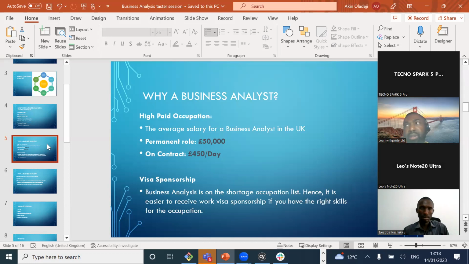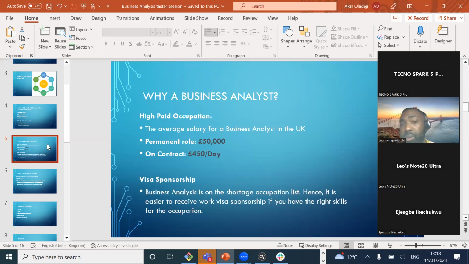Apart from the pay, IT business analyst is also one of the shortage skilled worker roles in the UK. What that means is, if you are considering traveling abroad, or in the near future you want to consider relocating from your home country, it is possible after acquiring the skills to get a job that will sponsor your visa to the UK.